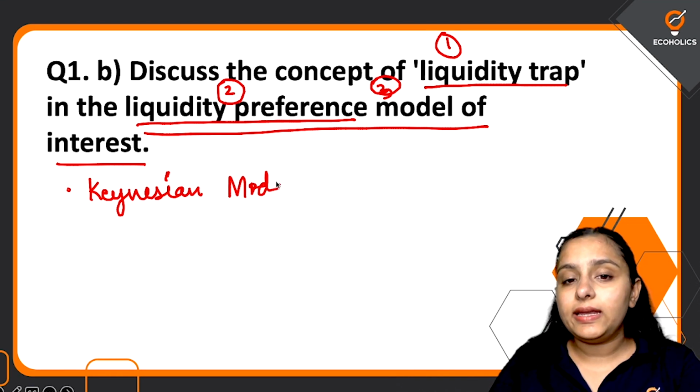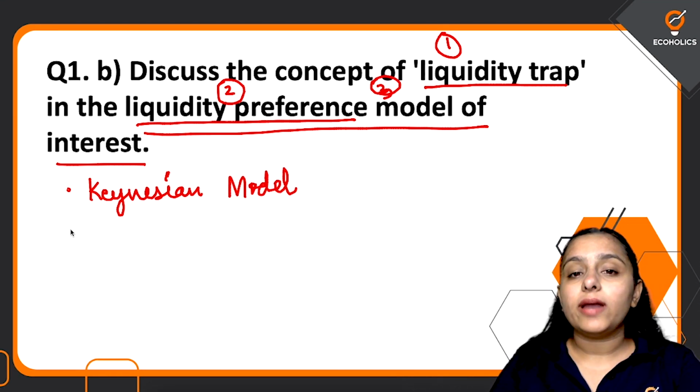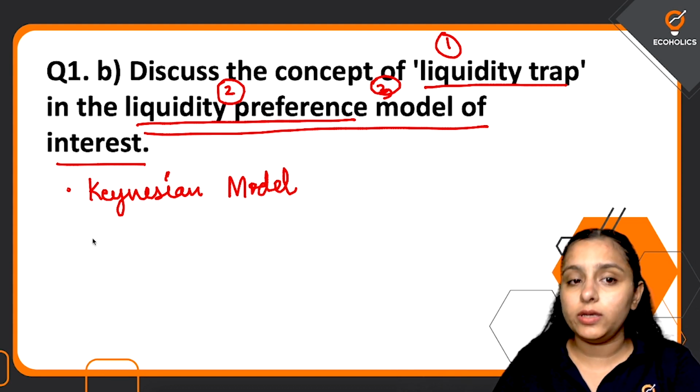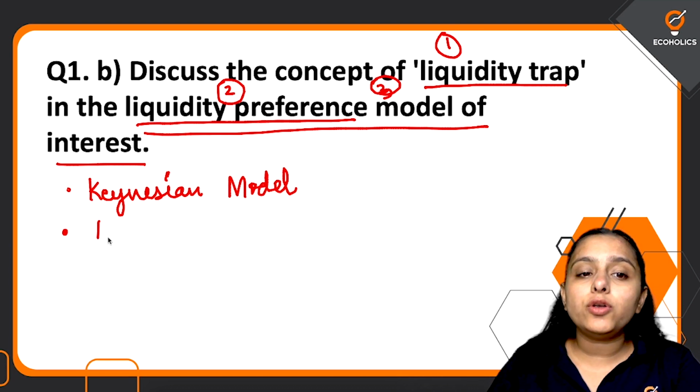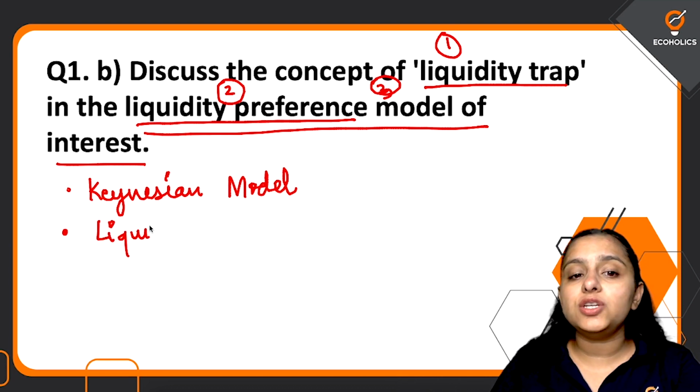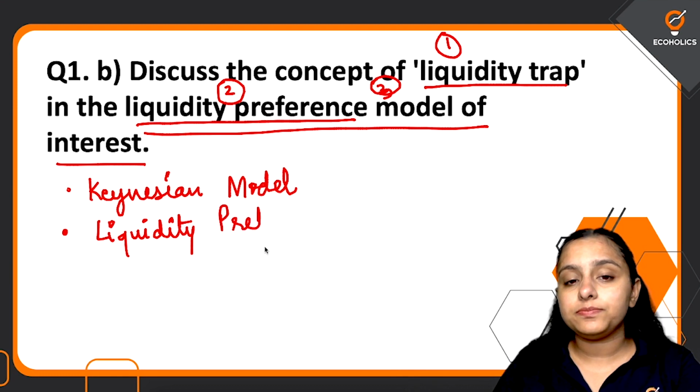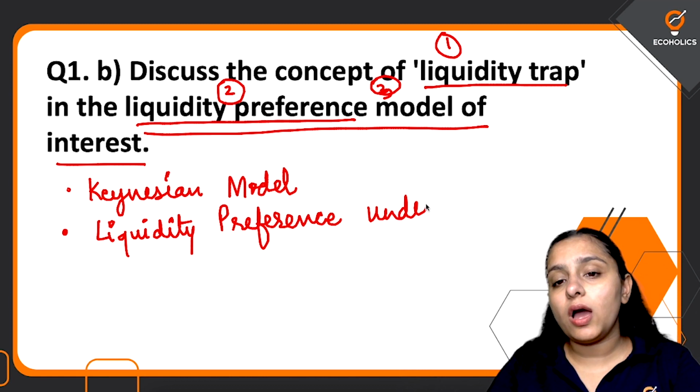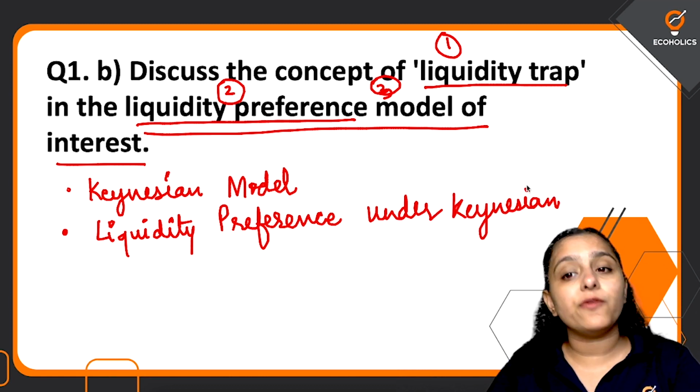So while writing your answer, how are you going to start? As I'm telling you, introduction and conclusion are really important. First, you will talk about the definition of liquidity preference under Keynesian.